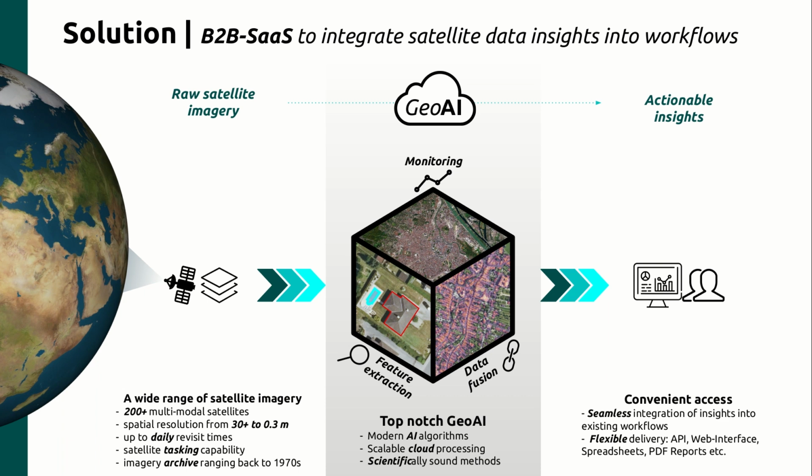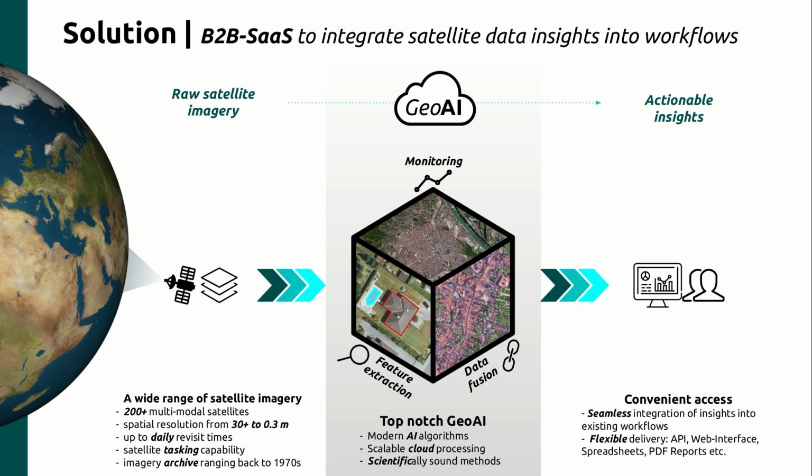The whole system becomes really powerful when we fuse our extracted information with existing geodata. But this always depends on the needs of our clients. We always aim for delivering actionable insights and very easy and convenient access to our clients. So typically, they use our data over an API, for instance.